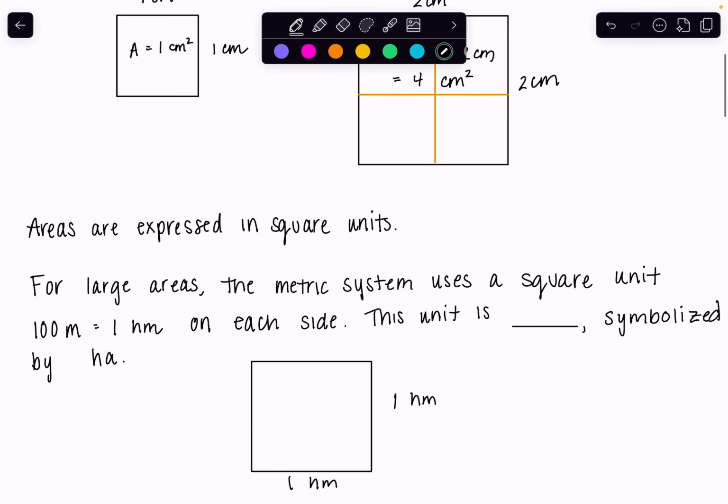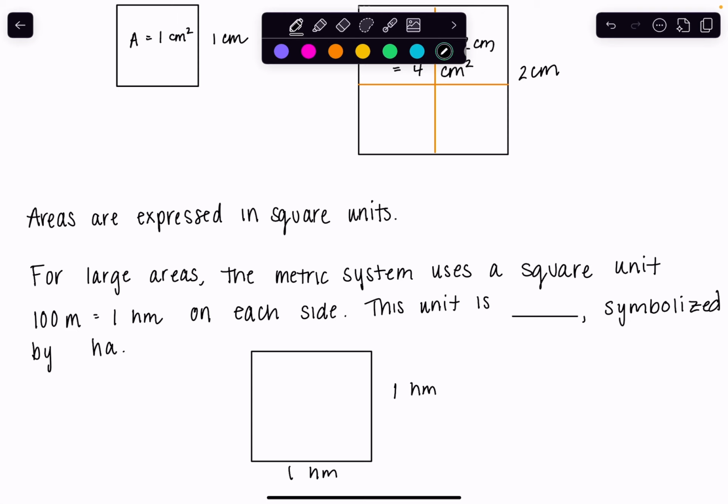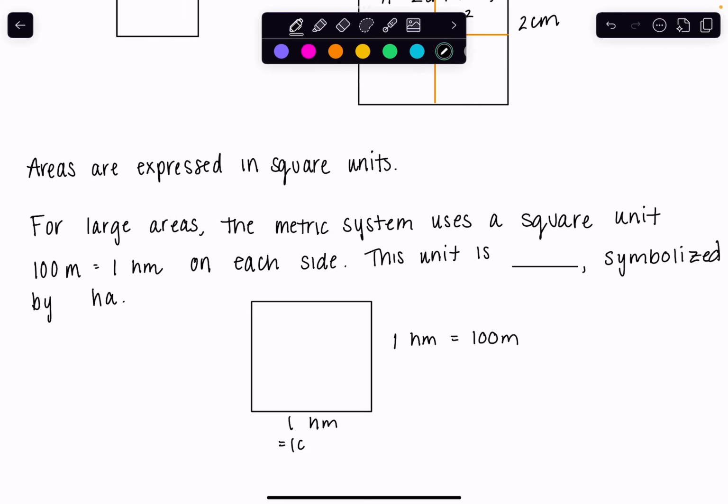And really, if you go through the conversions, that's the same thing as 1 hectometer. So this is 100 meters. So the area of this would be 1 hectometer squared. So the unit they actually use for that is 1 hectare. So the unit is a hectare.